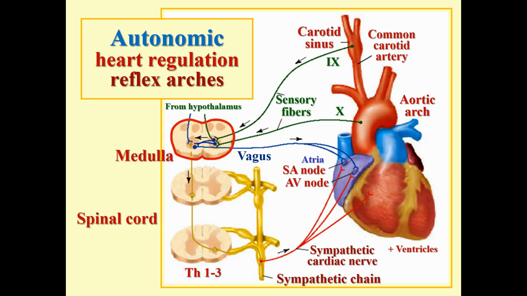Also, we can see here that impulses can be sent down to centers in the medulla from the hypothalamus. The hypothalamus is a higher autonomic center, as you remember. And changes of activity in hypothalamic neurons in the anterior group of nuclei and posterior group of nuclei can easily make shifts of balance between vagus influences on the heart and the low influence for resting state from the sympathetic system.